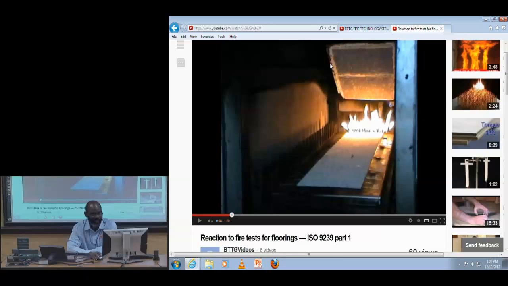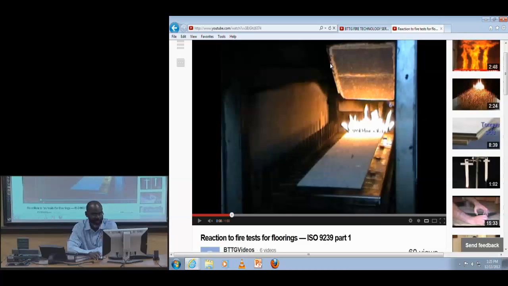So this is an inclined radiant panel, which provides preheating on this floor assembly or floor material. And then we look at the flame spread rate over this material with this amount of external preheating.